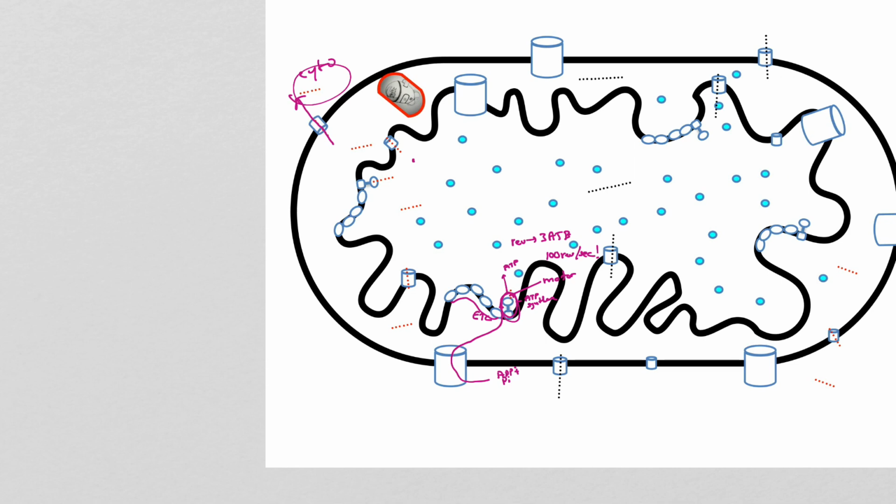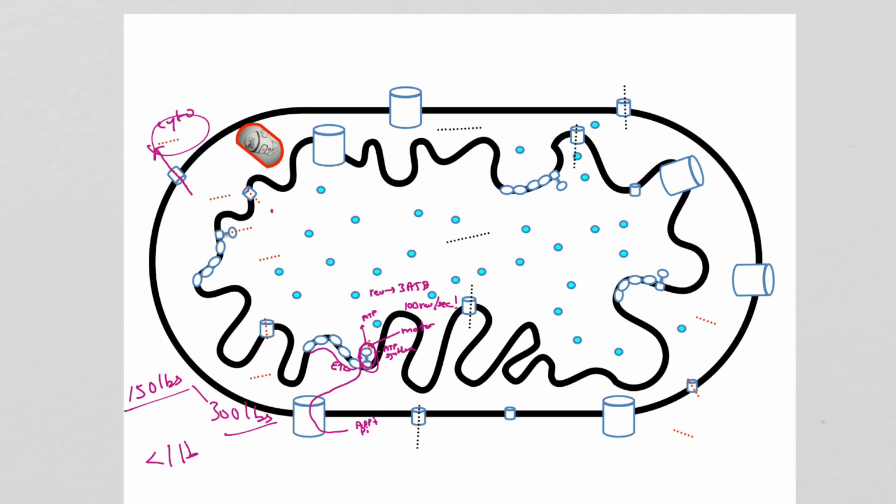So if, let's say, you weigh 150 pounds, you probably need about 150 to 300 pounds of ADP per day, but we have only less than 1 pound in our body at any one time. So that's the remarkable mitochondria, very important for energy.